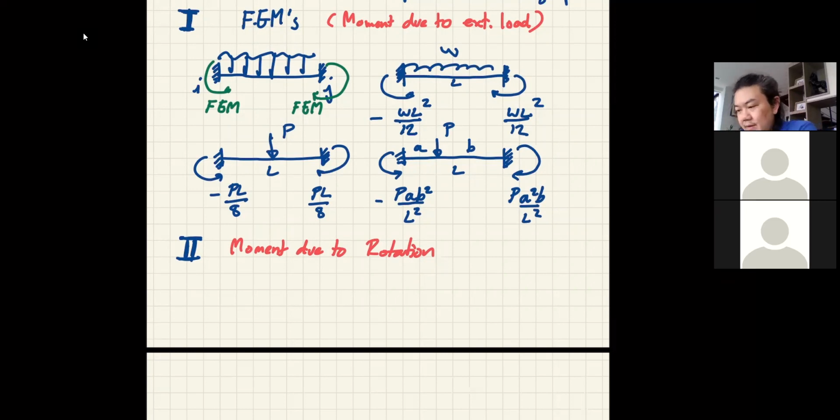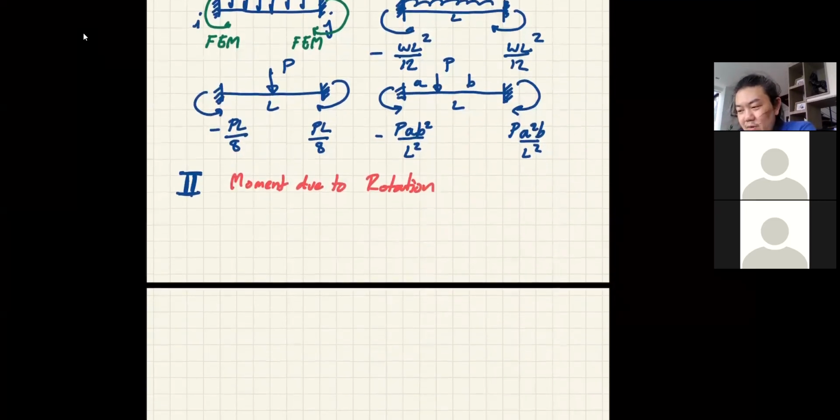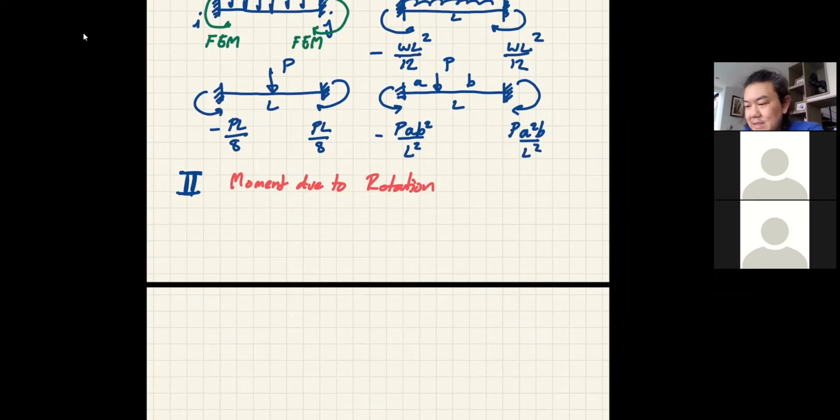Every year I go over this one, and it causes slight confusion because this method has been cut off from the structural analysis class, because I don't think it's necessary for you to understand every method possible, but it's the best way to calculate the moment due to rotation.